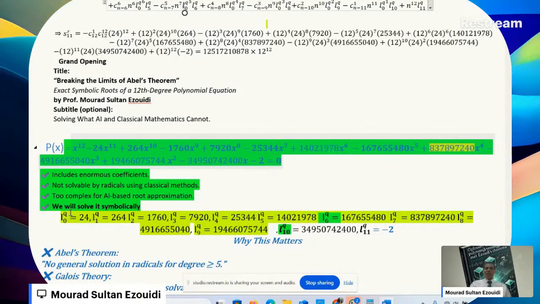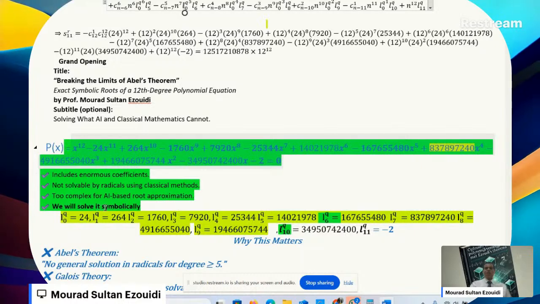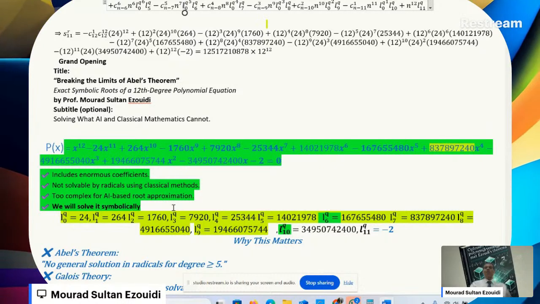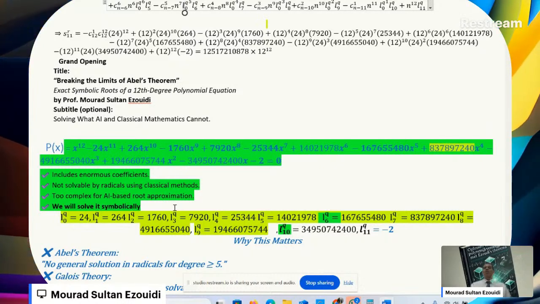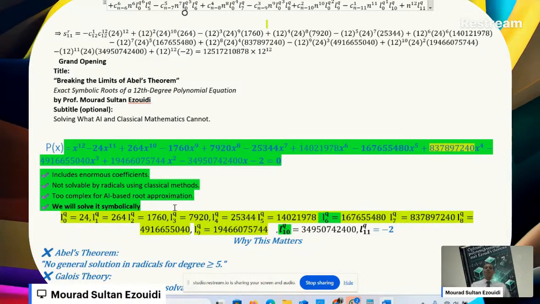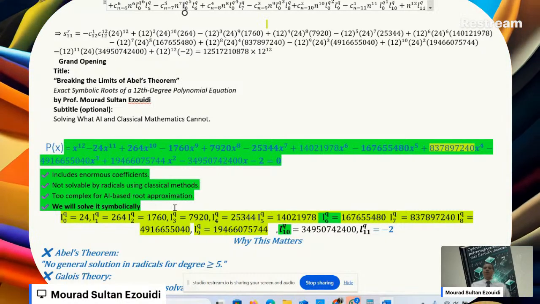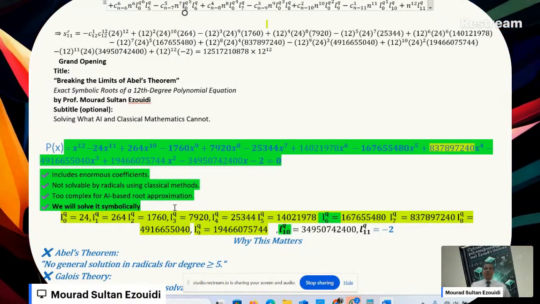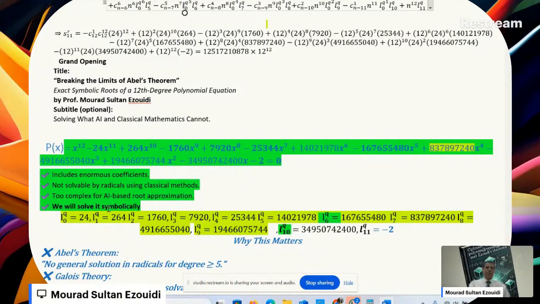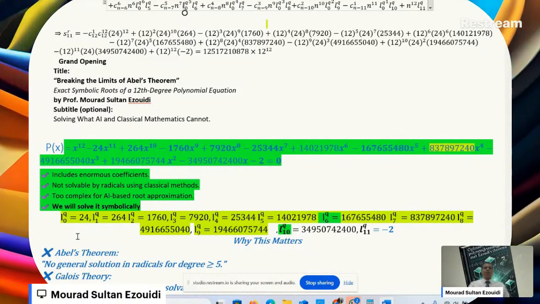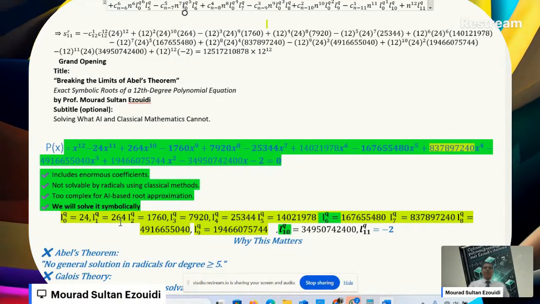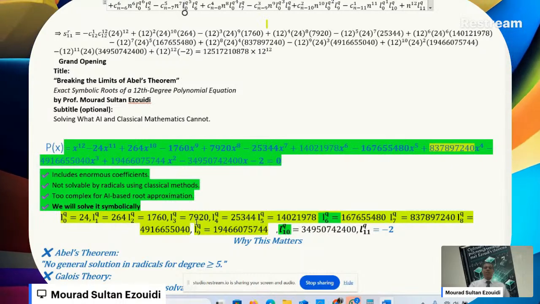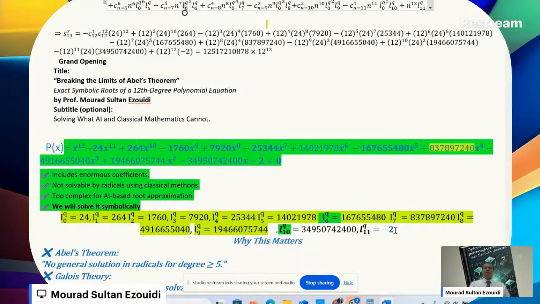We, the Professor Mourad Sultan, will explain and solve this. We will solve it symbolically with no error estimation, with no approximation method, with no guesswork. We'll see how powerful this method is. Now we can see the coefficients of my 12-degree equation: 24, 264, 1760, 7920, up to the last one, which is minus 2.